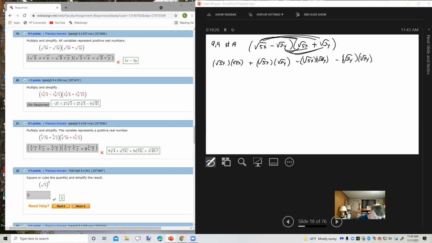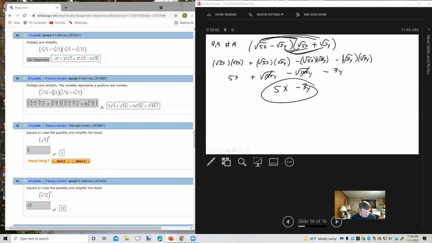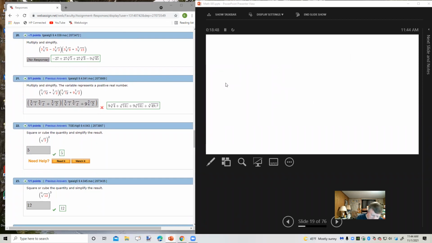So we get 5x and then what? Plus the square root of 15xy minus the square root of 15xy minus 3y. Those two terms cancel out. 5x minus 3y. Final answer. Okay. Number 20 coming up.